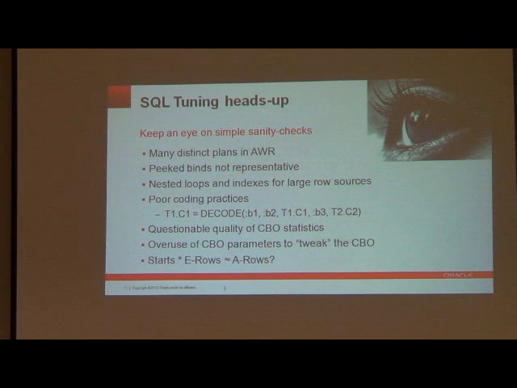Is that clear? So some of these health checks that you can perform are going to tell you there is something fishy regarding the statistics. It doesn't necessarily mean that it's going to be the root cause. But if you see many things about the statistics that are fishy, that means most probably the bad statistics are going to be affecting your plan. Okay?